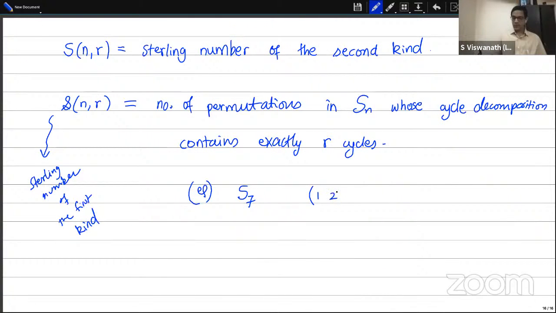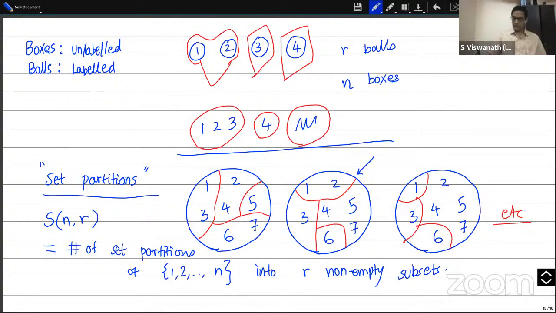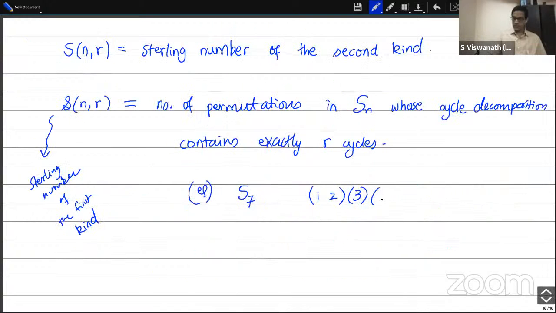I can take (1 2)(3)(6)(4 5 7). Here is a permutation in S_7 which has exactly 4 cycles in its cycle decomposition. It permutes 1 and 2, it leaves 3 fixed, 6 fixed, and it cyclically permutes 4, 5, 7 in this order.